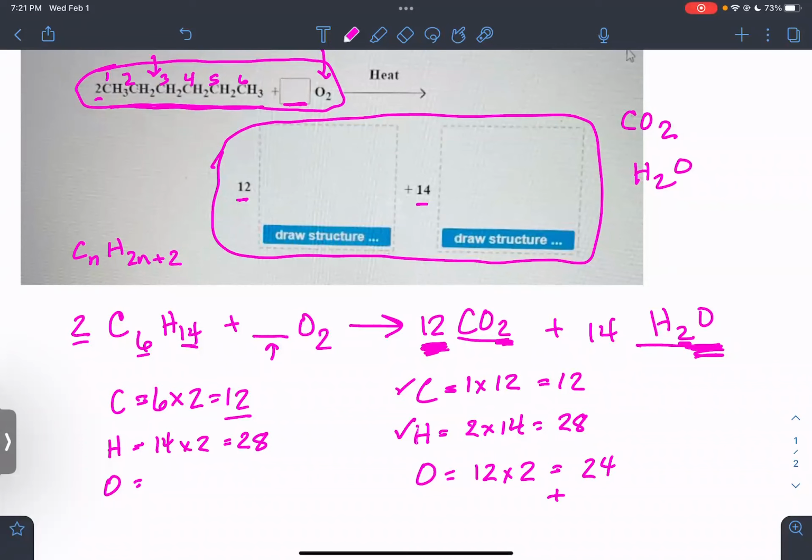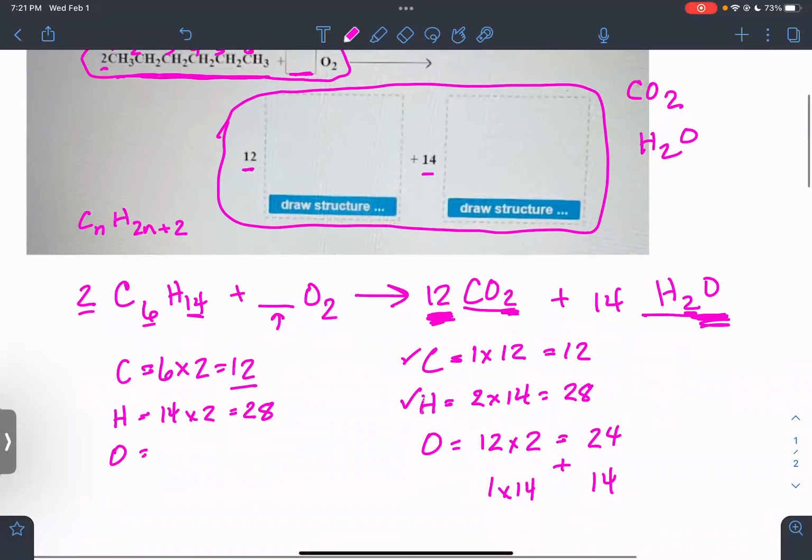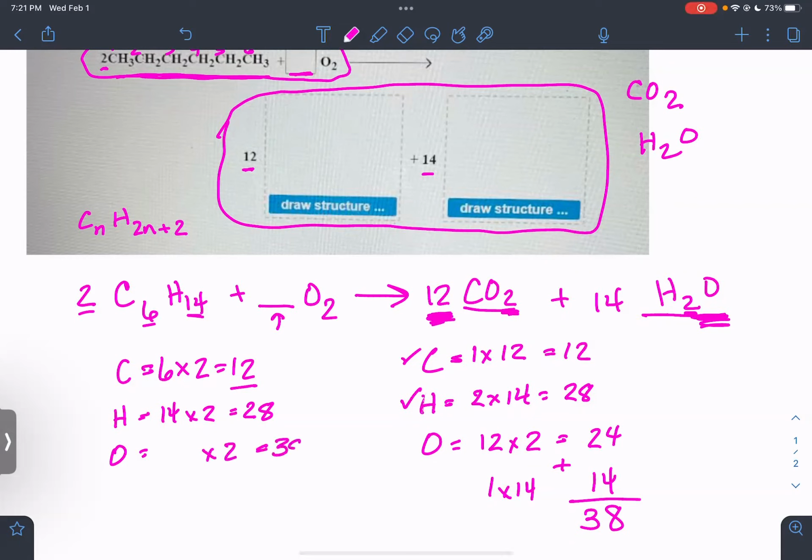So we just don't write it. So we say 1 times 14 is 14. So 24 plus 14, that's 38. So now all you have to do is say, what do I need to put in my coefficient over here in order to make this balance? So some number times 2 should give me 38, right?